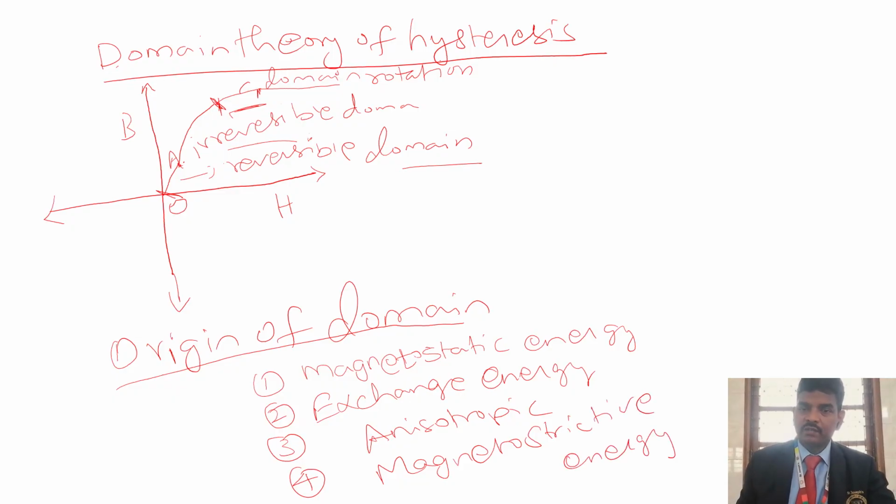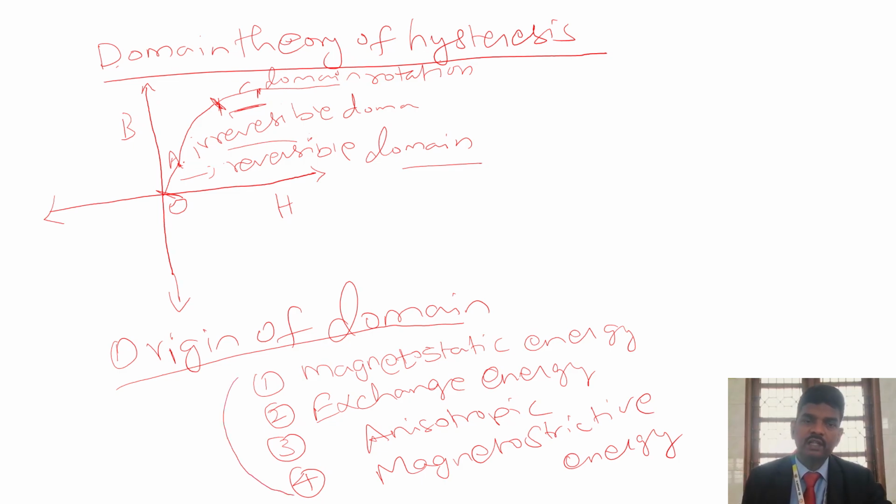In certain textbooks, they even give domain wall energy, but that comes under magnetostrictive energy. Sorry, magnetostatic energy. It is not mandatory that it should be discussed separately, but even if you discuss it separately, that is not a wrong concept, right?